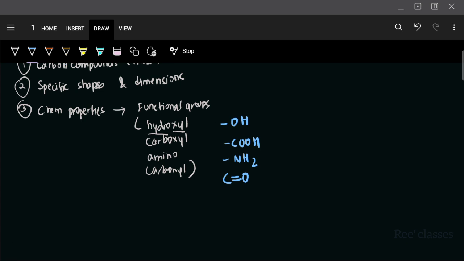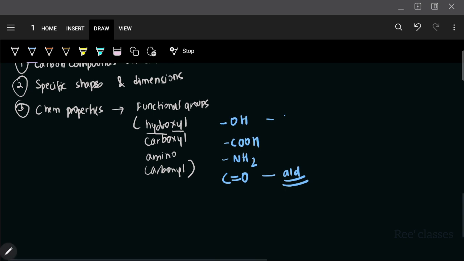So this is basically what we mean when we say functional groups. Aldehydes are carbonyl groups. Okay. The aldehyde groups belong to the carbonyl class. Obviously, carboxyl is carboxylic acids, amino is amino acids, and hydroxyl is alcohol. This is the basic thing you should remember.